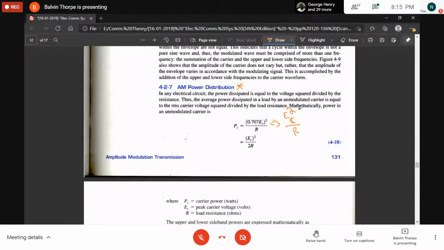But because 0.707 was squared, that is going to be giving you this part of the equation: EC squared divided by 2, all divided by R.